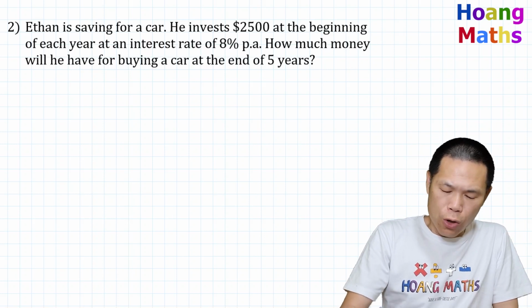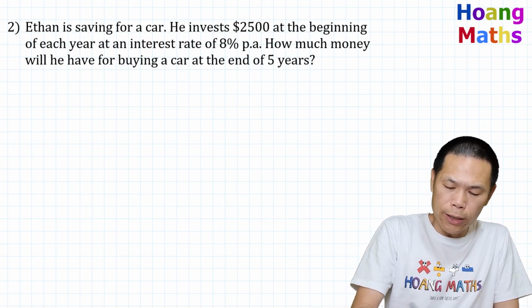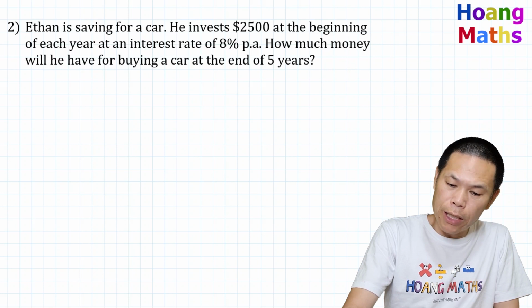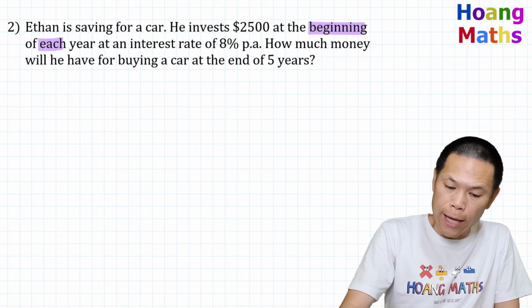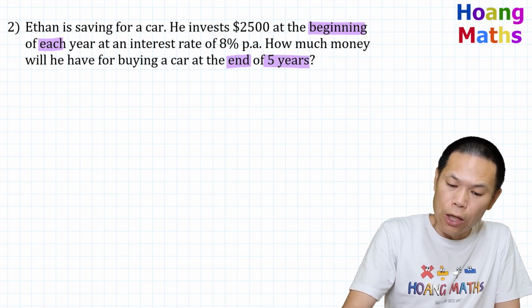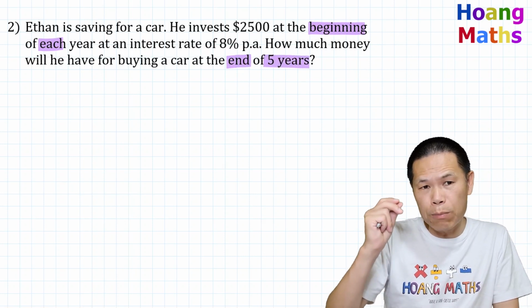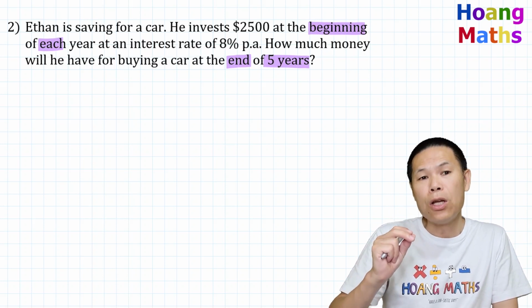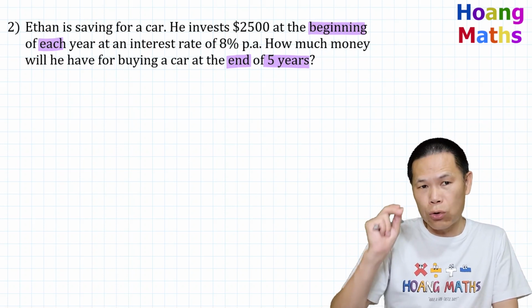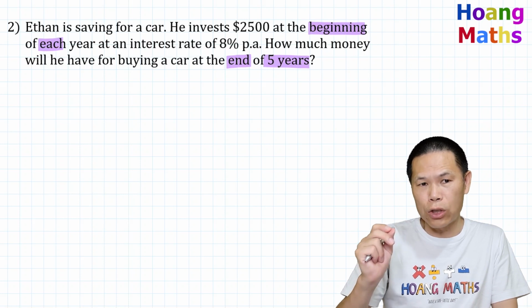First of all, we know that the most important words in here are at the beginning of each year, okay? And then we need to work out at the end of 5 years. So this means that Ethan deposits $2,500 at the beginning of the year. So at the end of the year, that $2,500 will have interest on top of that.